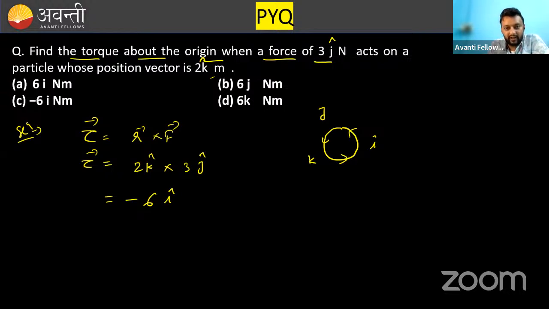Very good, Gauri. Veena is saying option A. Veena, check your answer. It's minus 6 i cap. Minus 6 i cap is which option? Option number C. Very good. So you are responding on this cross product thing. That's totally understood, that this is the simplest topic, and I have told you already how to calculate the cross product.